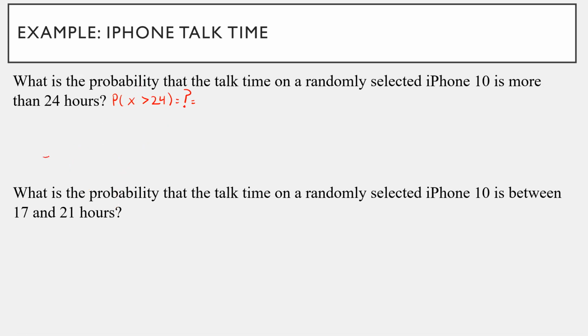Now let's sketch the curve. It's centered around 20. I want to go to 24. And I want to be greater than 24. So I'm going to shade to the right because I want to be greater than.